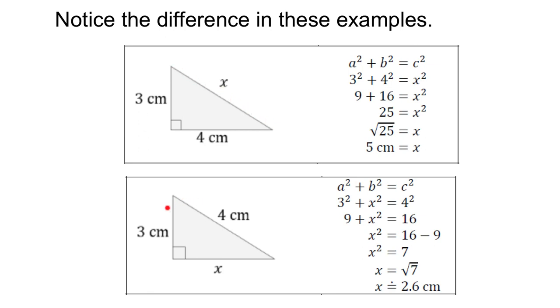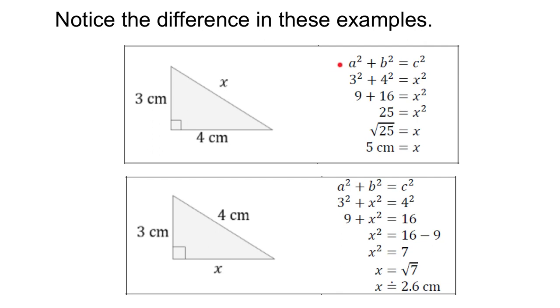In the second example, x is not the hypotenuse. Across from the right angle is the 4 centimeter side. So the hypotenuse is 4 centimeters in the second example. So because the hypotenuse is not the same, we don't have the same solution.